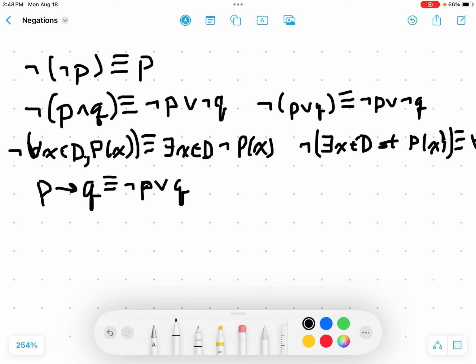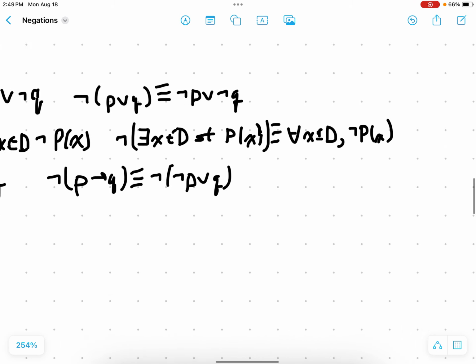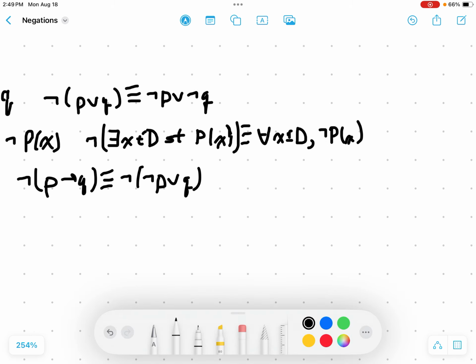And so if we want to negate if P, then Q, that's the same thing as negating not P or Q. And so we can say, okay, the negation of this thing, we can pull in that not symbol there.